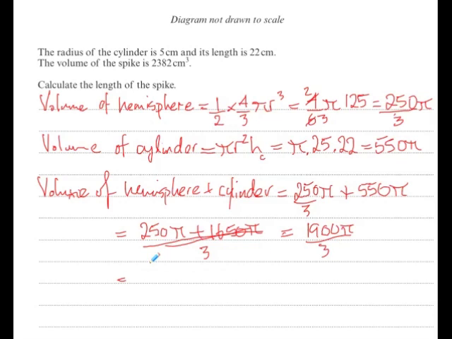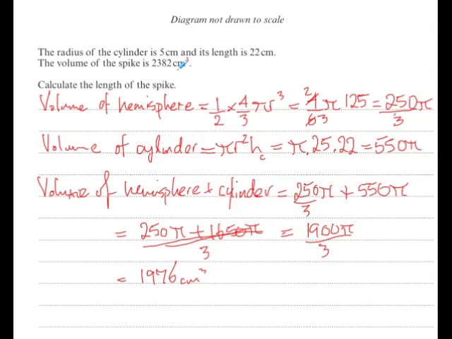I'm going to use 3.14, which is what it says at the beginning of the book, but you can use pi on your calculator as well, and that gives you 1976 centimeters cubed. So that's the volume of that.